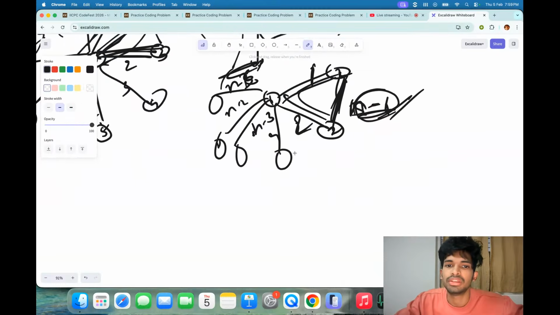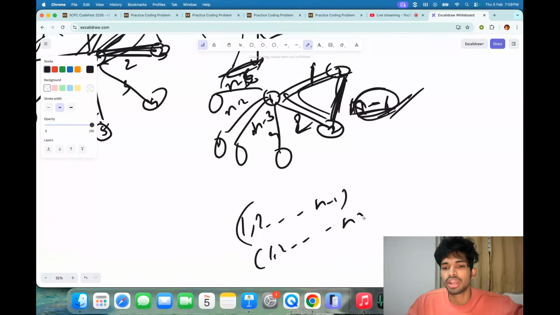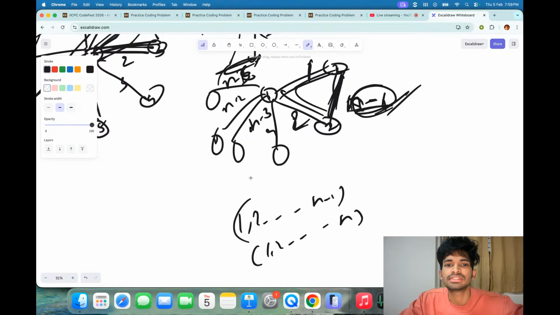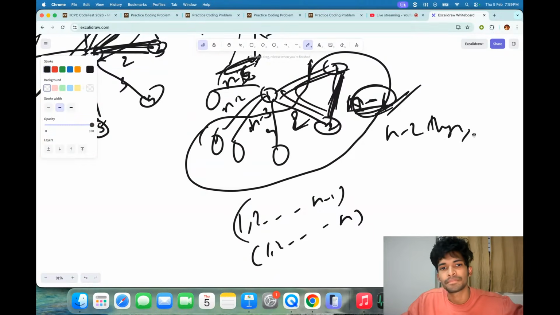So what does that mean? You can get 1, 2 up to so on n minus 1. In the same way, you can get 1, 2 up to so on n. I think you can keep doing this again and again, until you have how many things here? You have n minus 2 things here. And all of them will be added before you come to n minus 1, because all of them are smaller, right?